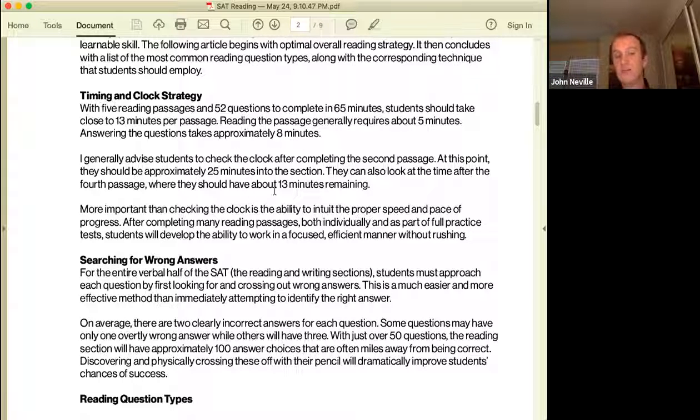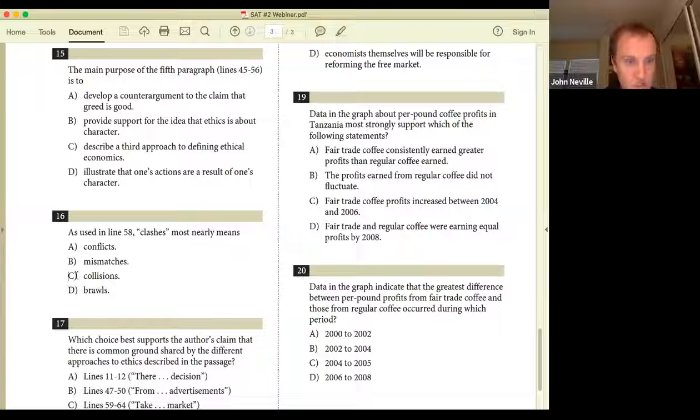And I would say the second most common mistake is that when students think to themselves, I don't know if this is the wrong answer or not, they stay there. They stay focused on this answer choice. So for example, let's say the student is not sure if collisions is the wrong answer or not.